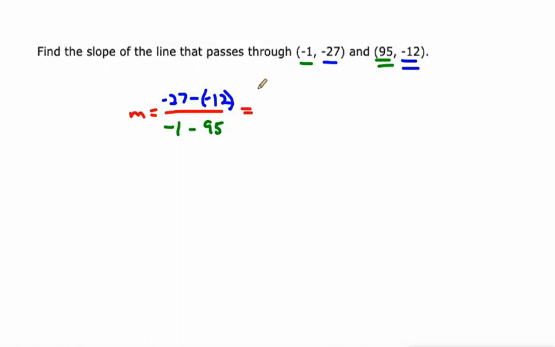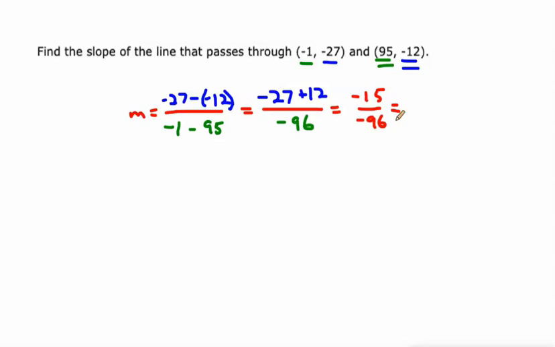Well, maybe the easier way to look at this is negative 27 plus 12, when you're subtracting a negative. Usually that's the way I would just write it. On the bottom we definitely have negative 96. So I've got negative 15 over negative 96. Okay, a negative over a negative is positive.